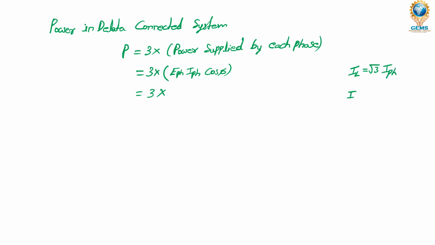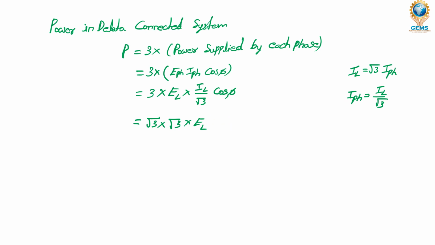From this, I phase equals IL by root 3. Here E phase equals EL, and I phase equals IL by root 3, into cos phi. This 3 we can write as root 3 into root 3, into EL into IL by root 3.